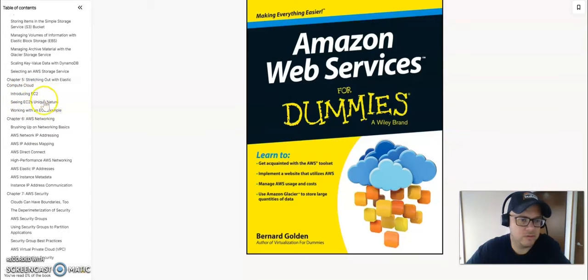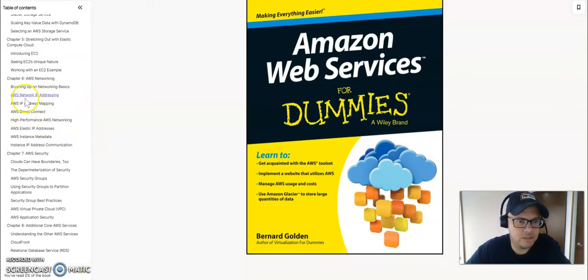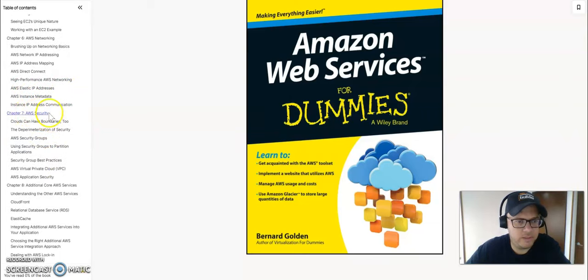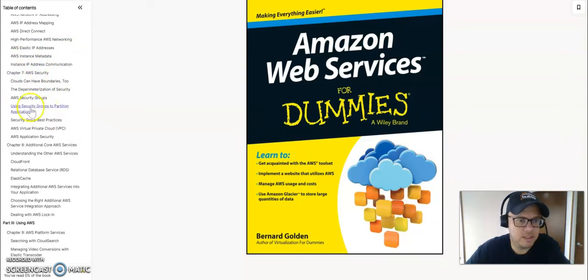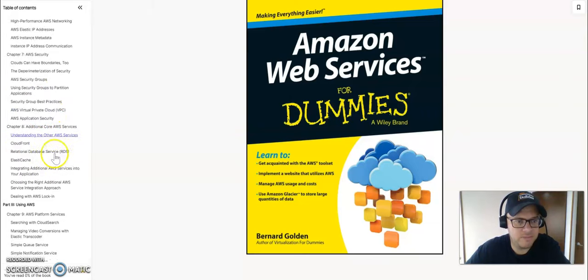And also everything about Elastic Compute Cloud, EC2. You are going to understand what EC2 is all about, and the networking for IP addressing and IP address mapping, the direct content, the Elastic IP, and the instance metadata. And finally, the security points that you need to understand: the security boundaries, the security groups, the basics of security, the best practices for security, the VPC, which is the AWS Virtual Private Cloud, and application security.